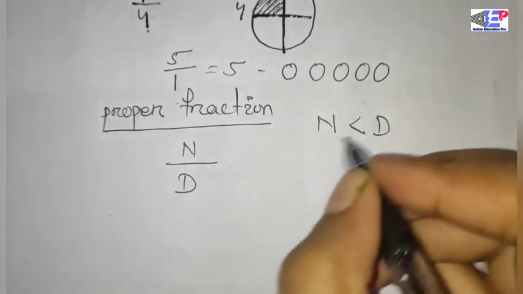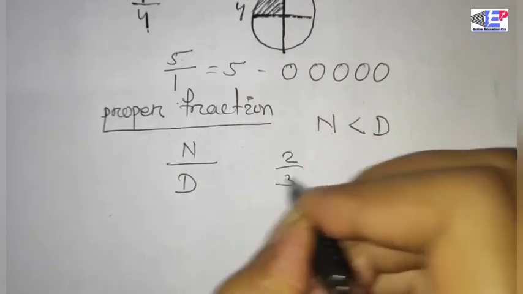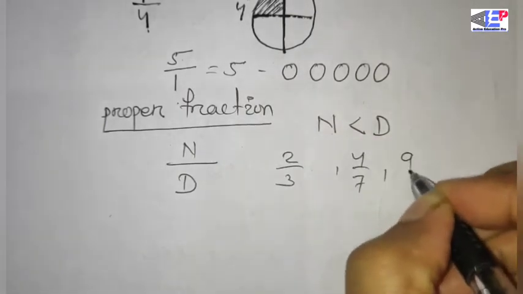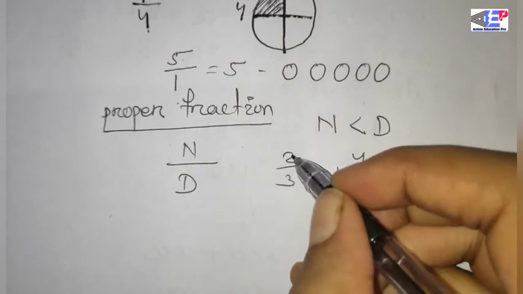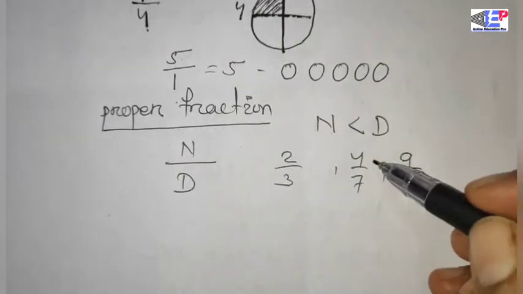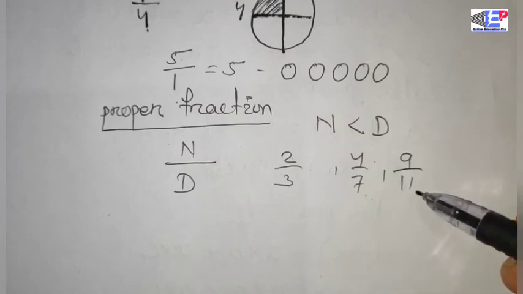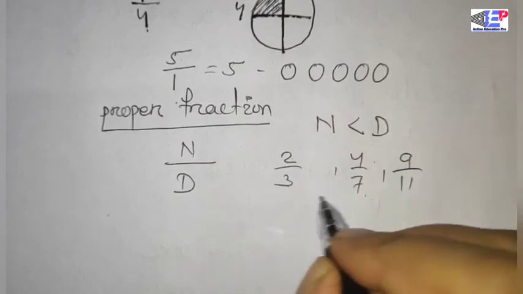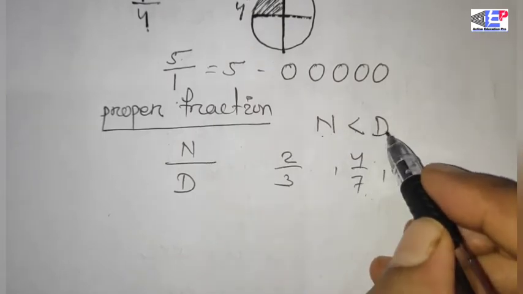Examples: 2 by 3, 4 by 7, 9 by 11. In 2 by 3, 2 is less than 3. Similarly, in 4 by 7, 4 is less than 7, and 9 is less than 11 in 9 by 11. All these 3 are proper fractions, where the numerator is less than the denominator.